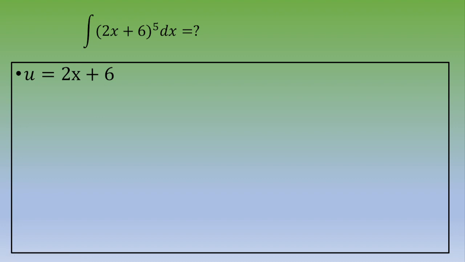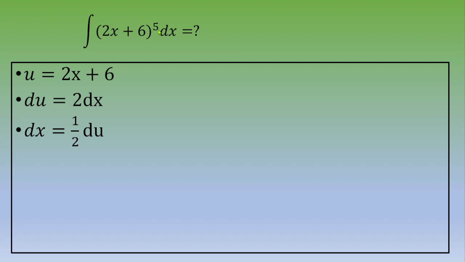Step number 2, we would like to differentiate. So we get du = 2 dx. Then you express dx as a function of du, and you get dx = 1/2 du.